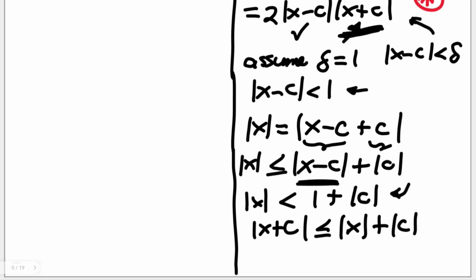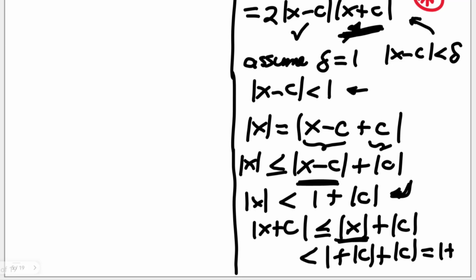And the absolute value of x is already indicated here. So in short, this is less than 1 plus |c| plus |c|, which is just equal to 1 plus twice the absolute value of c. Now, we were able to have a simpler form of our x + c that we can apply here.